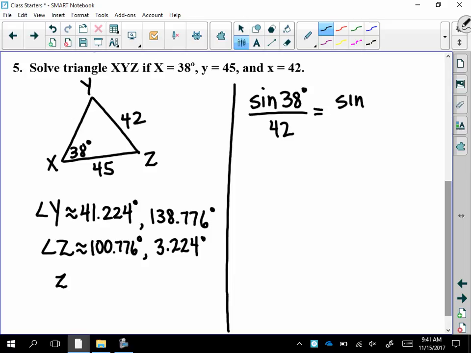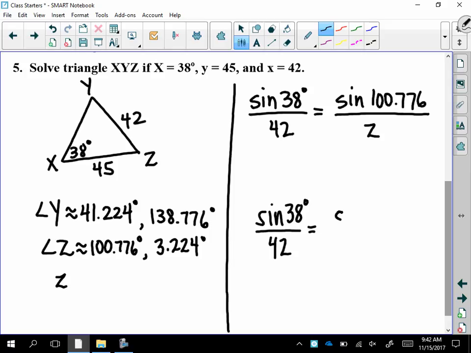Once with an angle of 100.776, and then again with an angle of 3.224. So you're going to get two different answers for side Z from each of those law of sines problems.